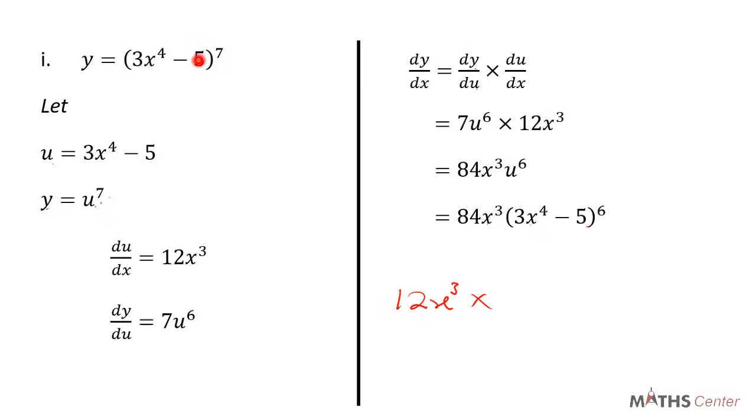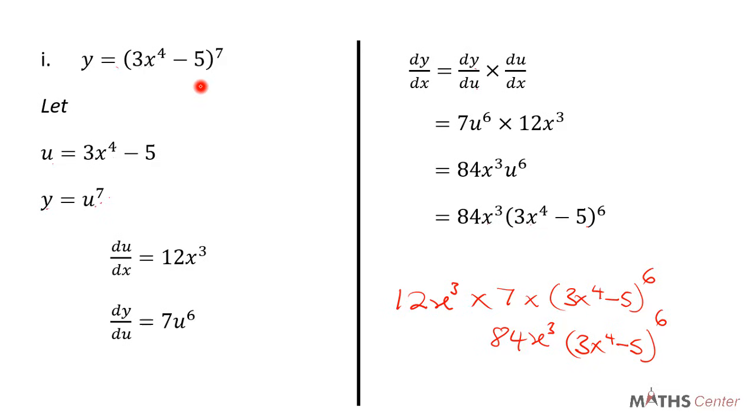Now 7 will drop, so you have 7, times the exponent on the whole function reduced by 1, so times (3x^4 - 5), with the exponent 7 reduced by 1, which is 6. 12 times 7 gives us 84. So this gives us 84x^3 times (3x^4 - 5)^6. That's the chain rule.